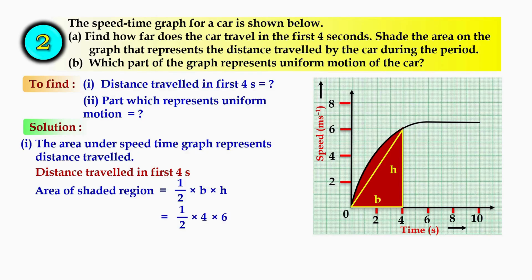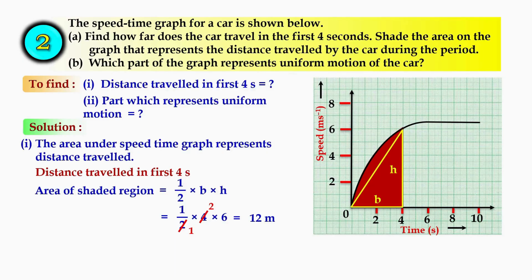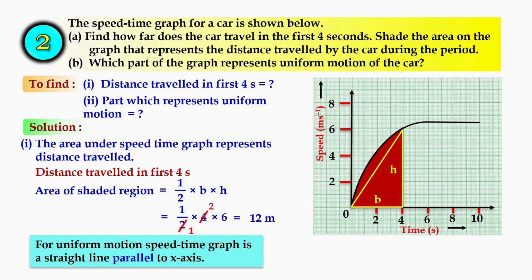Here, the base is 4 seconds and the height is 6 meters per second. Substituting the values, the distance traveled becomes half multiplied by 4 multiplied by 6, which gives 12 meters. So, the distance traveled in the first 4 seconds is 12 meters.